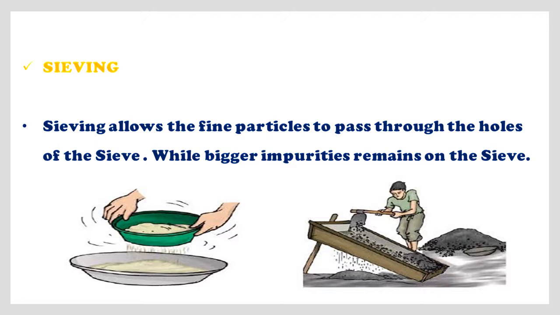For example, wheat flour has some fine powdered wheat as well as some bigger impurities. When this flour is put through a sieve, the fine powder falls through the small holes in the sieve, while the thicker impurities remain as they are too big for these holes, and hence the substances are separated.